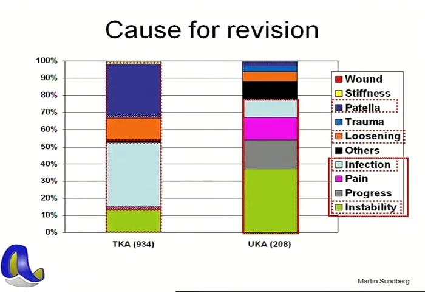In the others group, which is the black up here, the dominating cause for revision was what a surgeon called technical error when putting in the uni knee, and when it was revised.